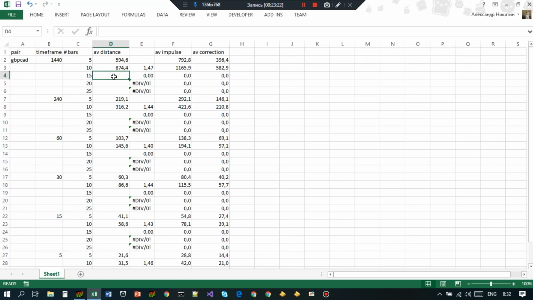I will type it this way. 1.19. The difference becomes smaller. The difference between these two is 47%. The difference between these two is only 19%. So it may give me some food for thinking.